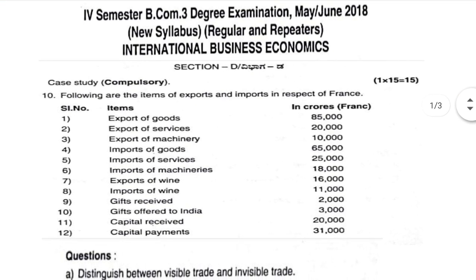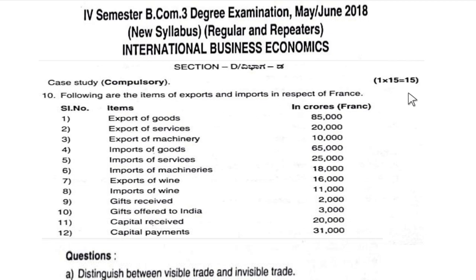Okay friends, to discuss the above topic, I have collected a question from the semester BCom degree examination, May June 2018, published by Rani Chennamma University Belagavi. As you know, section D always has a compulsory question, popularly known as a case study, for 15 marks.